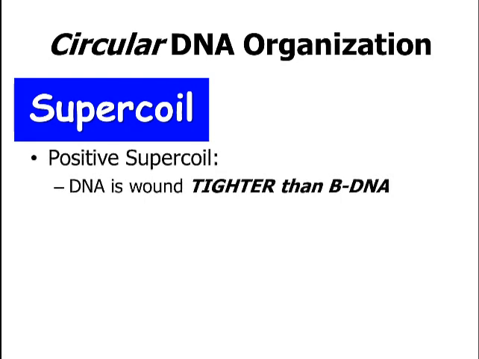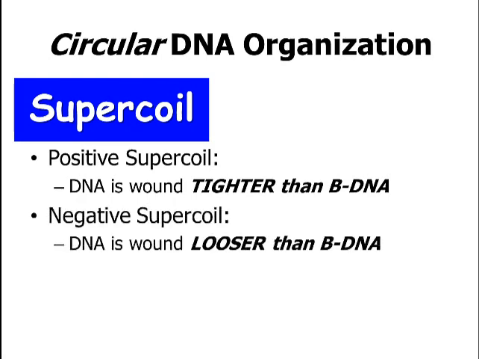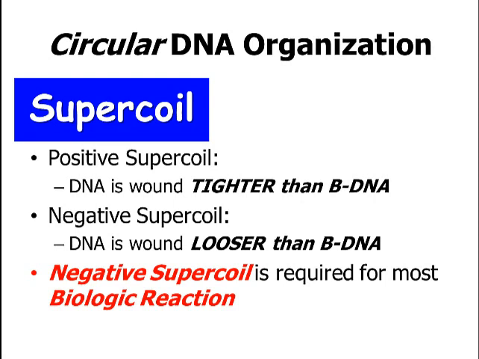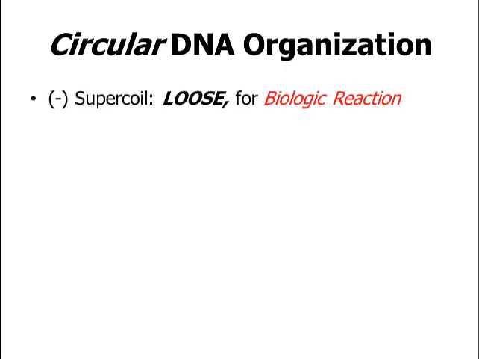We have positive supercoil, with which DNA is wound tighter than B-DNA, and negative supercoil, with which DNA is wound looser than B-DNA. The very important point here is that negative supercoil is required for most biologic reactions. Let's see how they look. Remember that negative supercoil is loose and is used for biologic reactions, and positive supercoil is very tight.